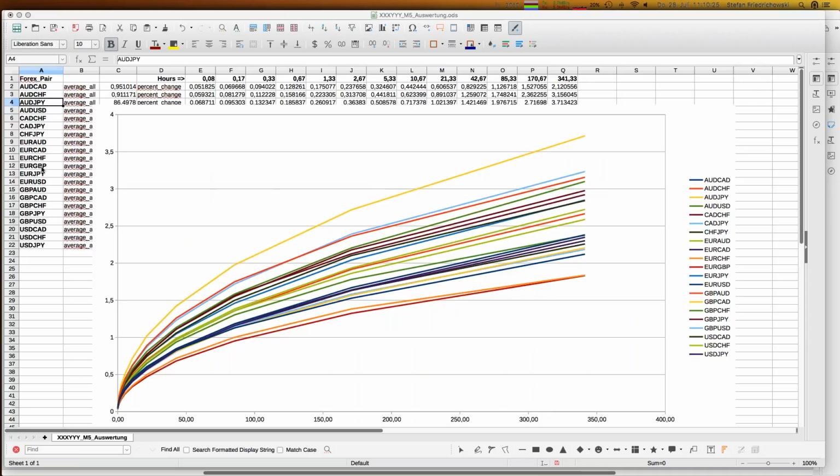and we have been able to distinguish between the different Forex underlyings and realize that, for example, Forex pairs like Euro, British Pound, or Euro, Swiss do not change that much, whereas other Forex underlyings have much more typical movement, like, for example, Australian dollar versus Japanese yen, which is more than double in terms of typical movement.